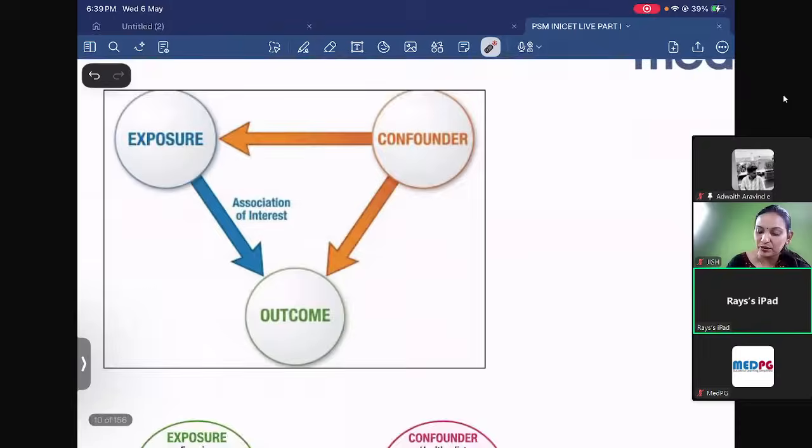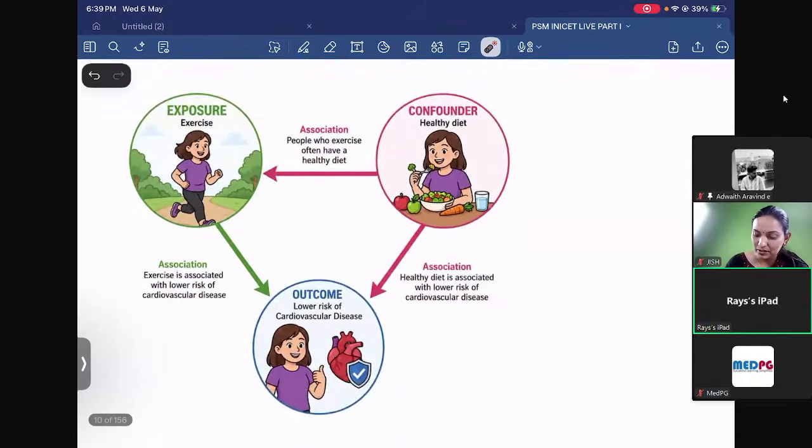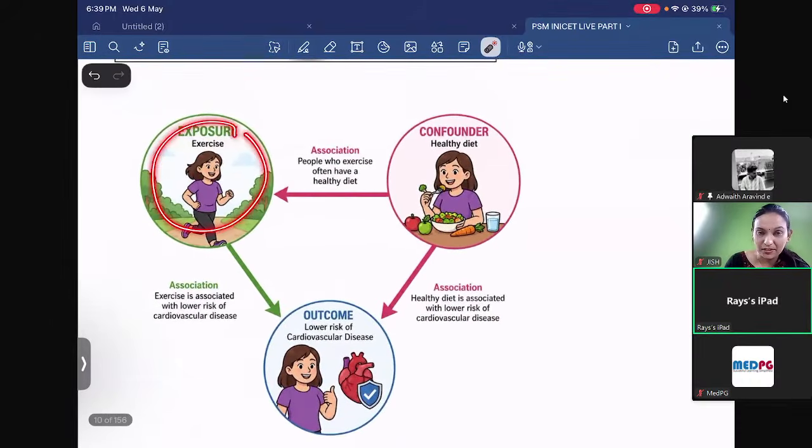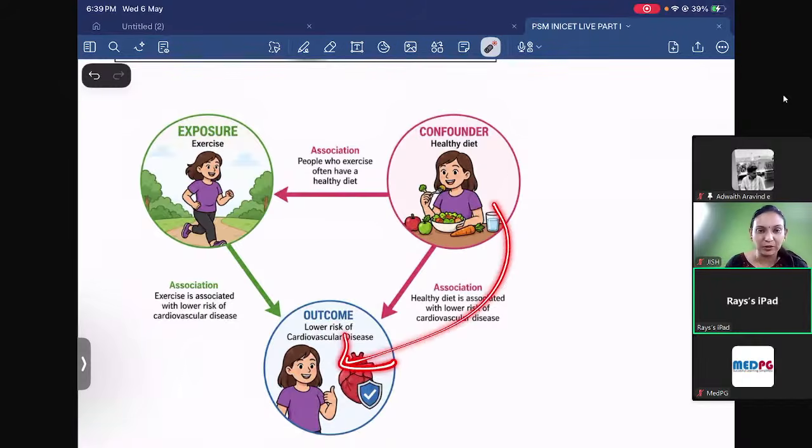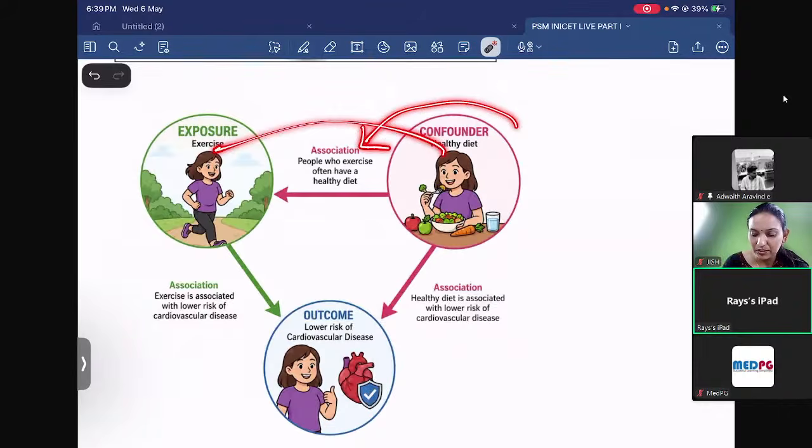Now, when you consider our example in the particular question, you had exercise as the exposure, you had lower risk of cardiovascular diseases as the outcome, and the confounder was healthy diet. Now think about the criteria that I just told you. The confounder is associated with, or can independently result in, this particular outcome. Yes, right. Second, the confounder is associated with the exposure also.